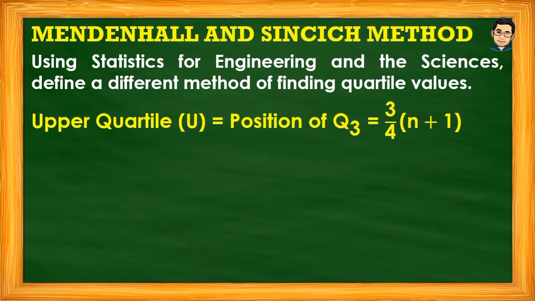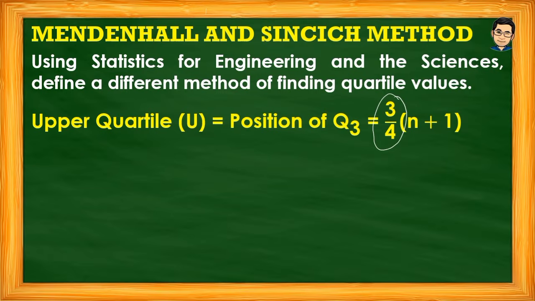So for the upper quartile, denoted as U, in order to determine the position of the upper quartile, Q sub 3, we will be using the formula 3/4 times n plus 1. If earlier for the lower quartile it was 1/4, that is 25%, for the upper quartile, 3/4 is because 75%.